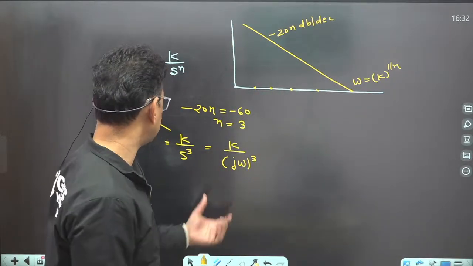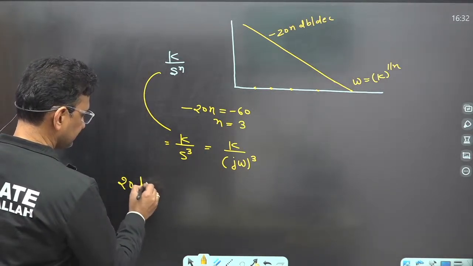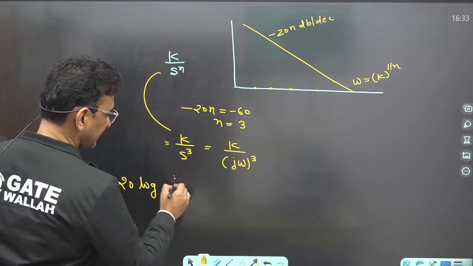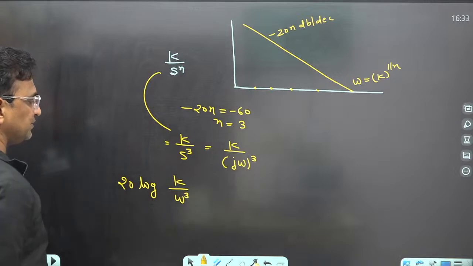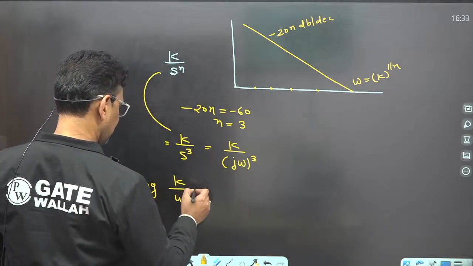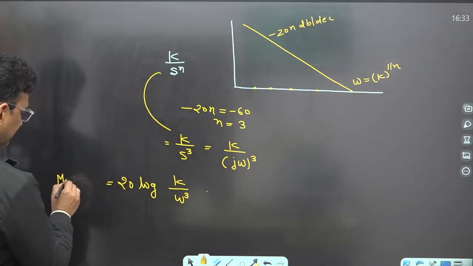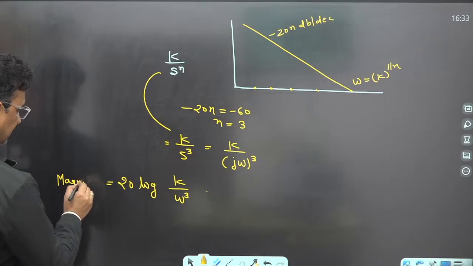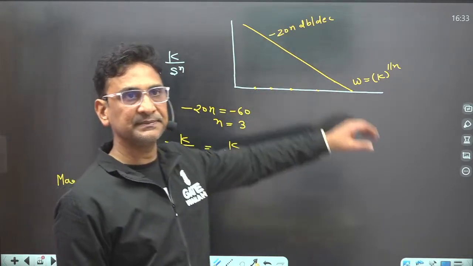How to convert into decibel? This will be 20 log of the magnitude, k upon omega cubed. I am taking only the magnitude at any omega frequency.